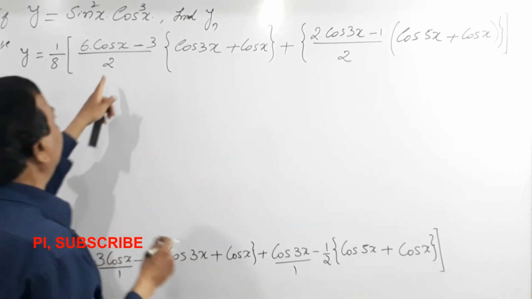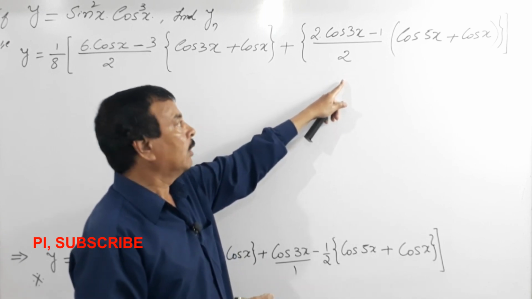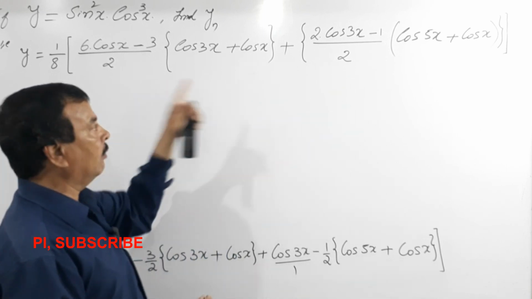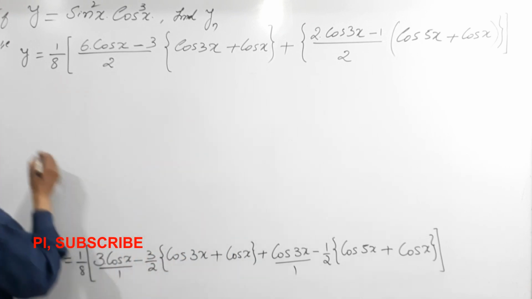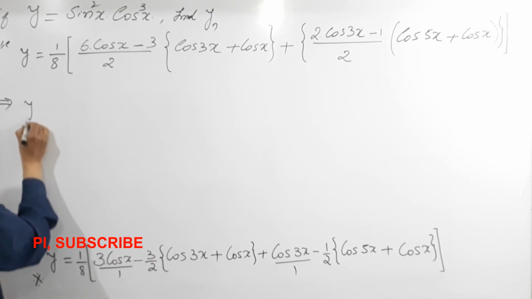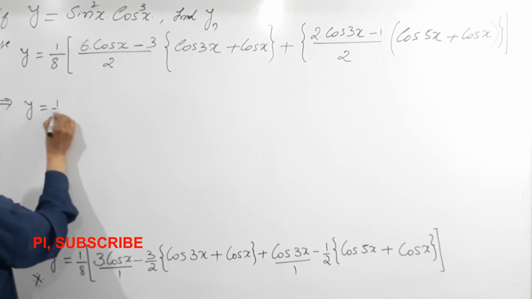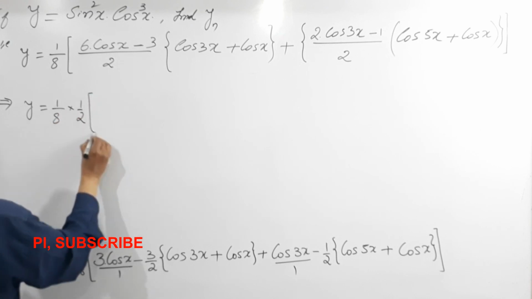The half is common, so I will take the half outside the bracket and multiply that with 1 by 8. So what happens to this? y equals 1 by 8 into half.